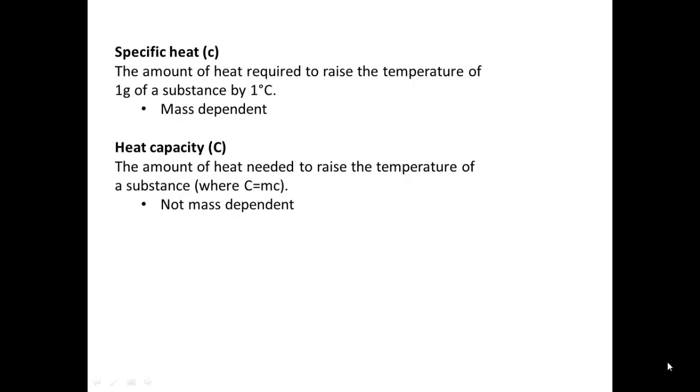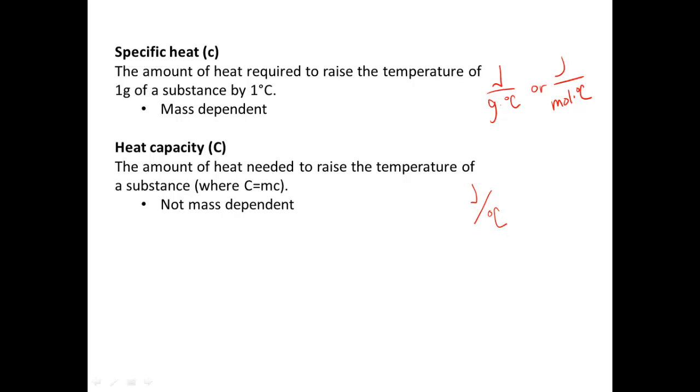The units of these can often tell us how we handle these. So the units of specific heat can often be joules per gram degrees Celsius or joules per mole degrees Celsius. Our heat capacity is usually in joules per degrees Celsius.